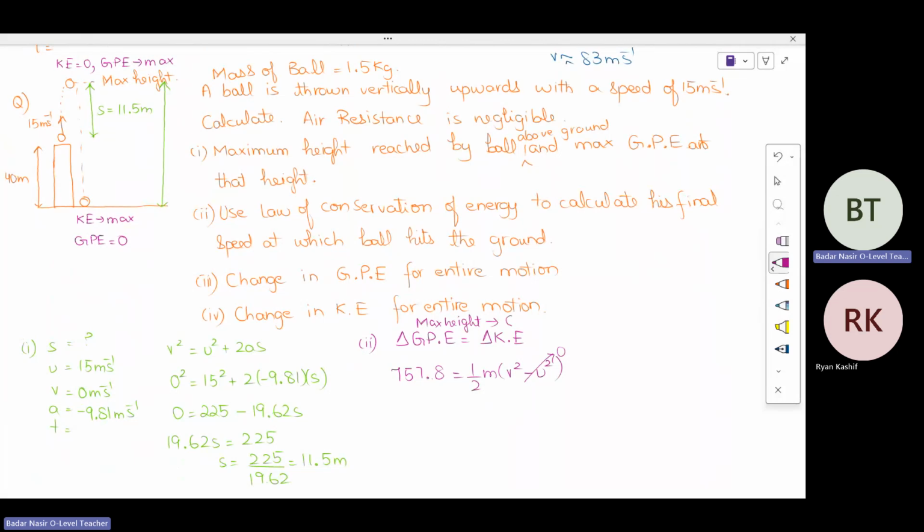अब मैं सिर्फ टॉप टू बॉटम मतलब मैं कंसिडर कर रहा हूं फ्रॉम मैक्सिमम हाइट टिल ग्राउंड के लिए मैं देख रहा हूं ओके सो 757.8, the mass of the ball is 1.5, the final velocity is to be found.